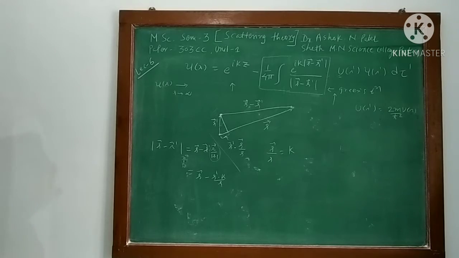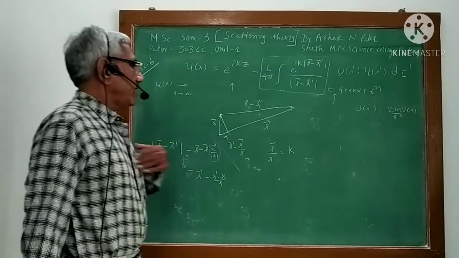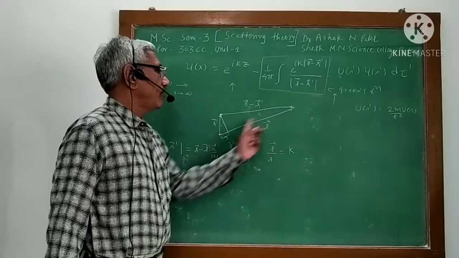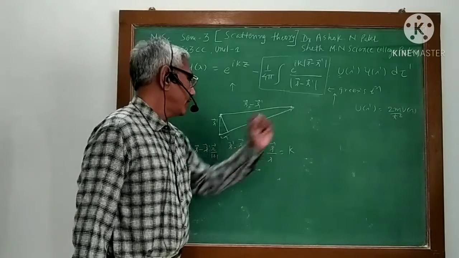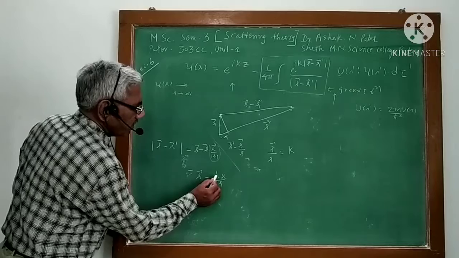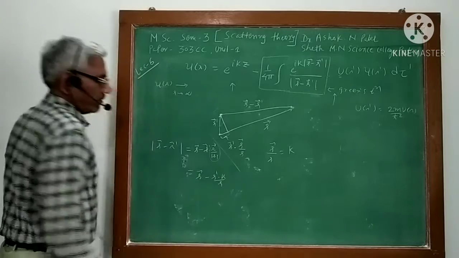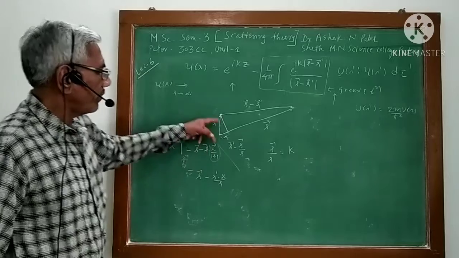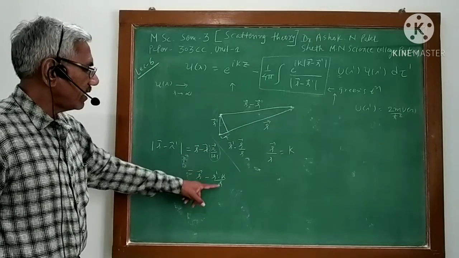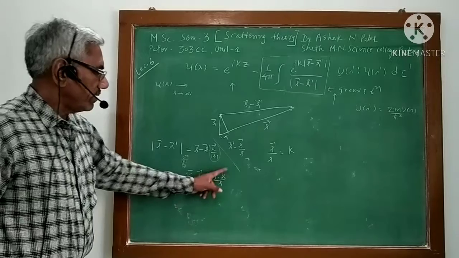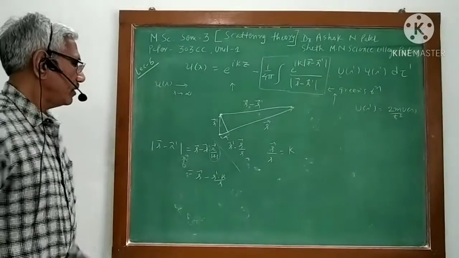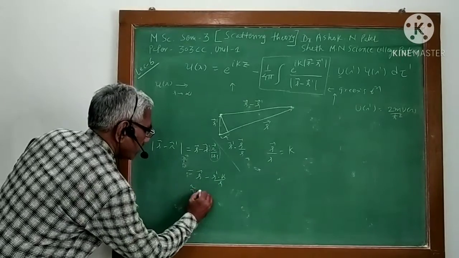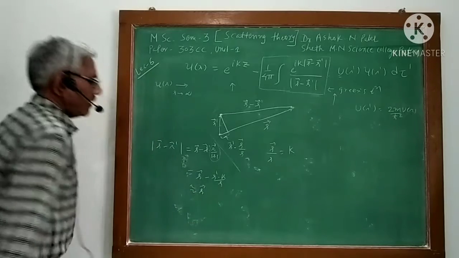But here we say that if this distance is very large, in that case this part is very small, because r dash is very small compared to this r. In that case the term r dash by r is very small, so that is nothing but r only.